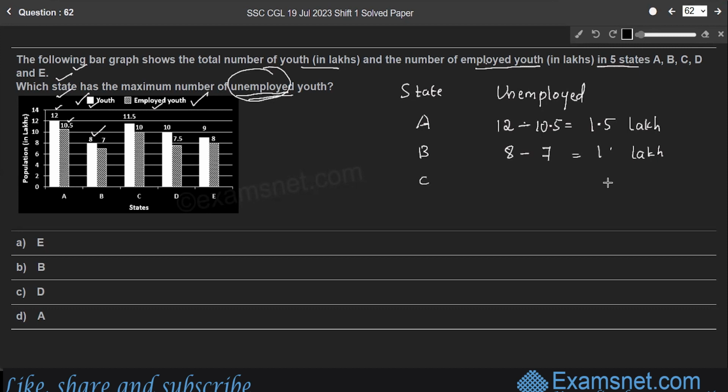In state C, 11.5 minus 10 is 1.5 lakh, again 1.5 lakh youth are unemployed.